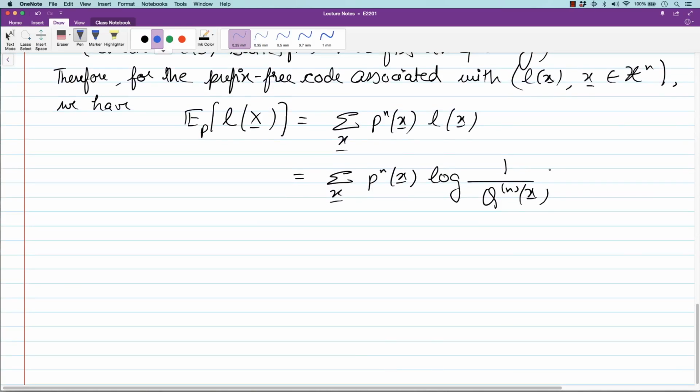But what I will do is multiply and divide this by P^n(x). Then the first term here is the entropy, H(P^n), and the term that remains is the divergence between P^n and Q^n.